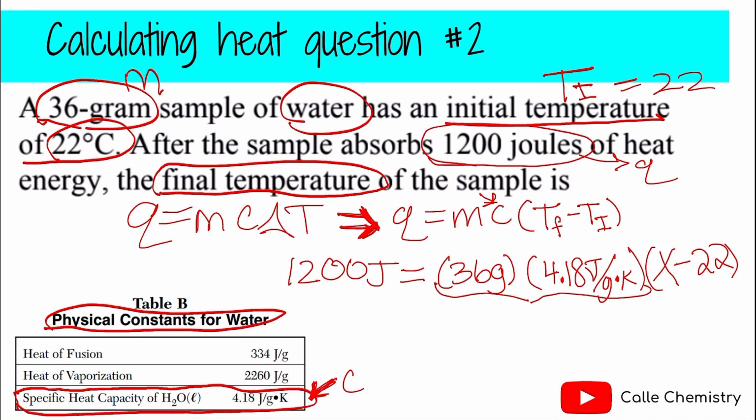We multiply this out on the calculator and get 150.48. If you multiply the units, grams is on the top and grams is on the bottom, so this will cross out. We're left with joules per Kelvin. And we still have to bring down the x minus 22.